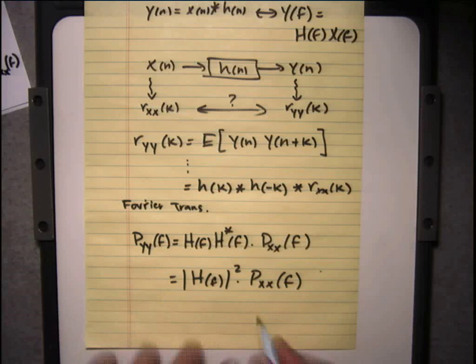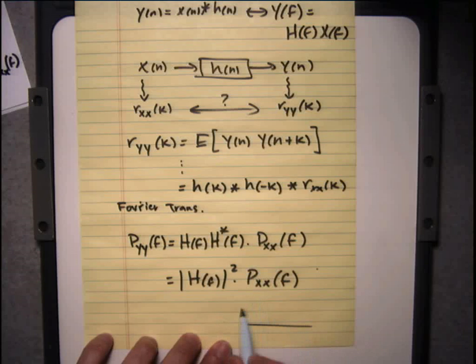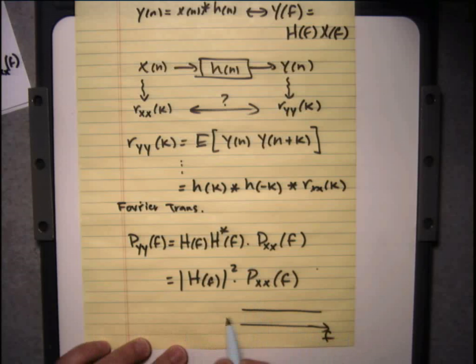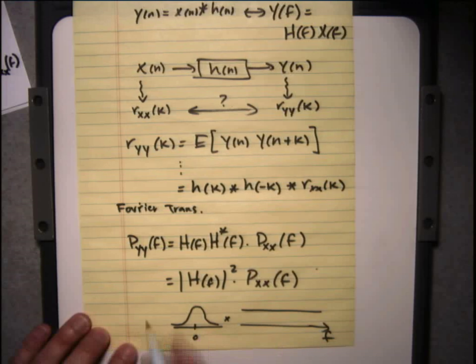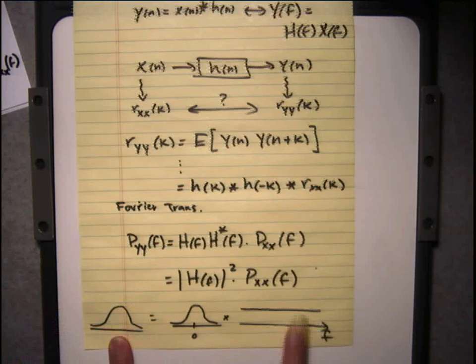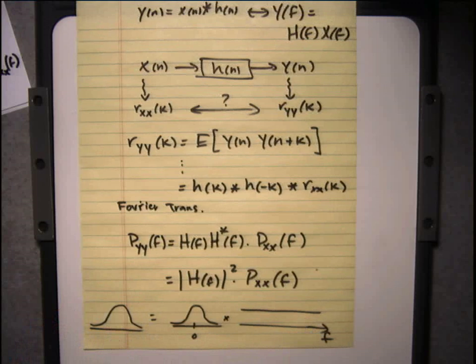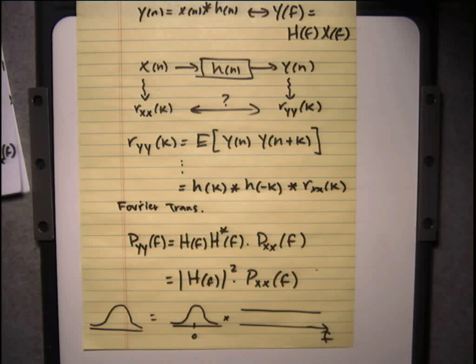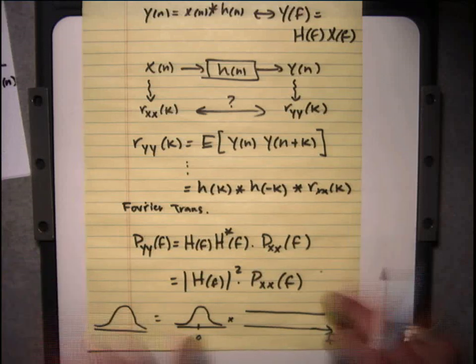So just to graphically show you, this guy might be a constant as a function of f. This guy might look something like this. If you multiply these point by point, this guy is going to look something like that. So its spectrum is not going to be flat. Any questions about this?